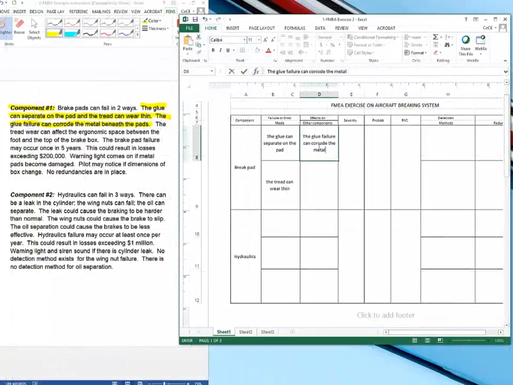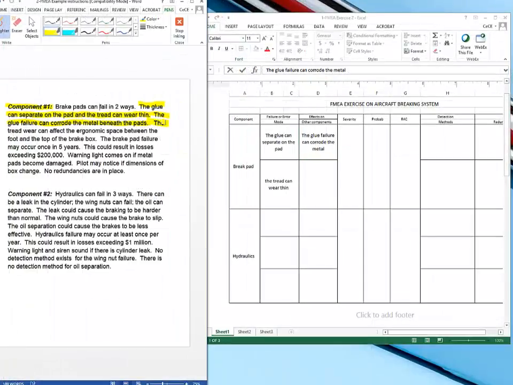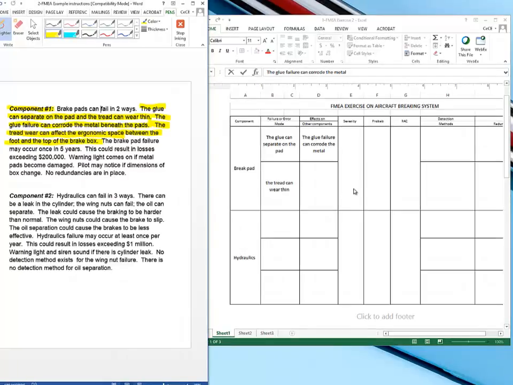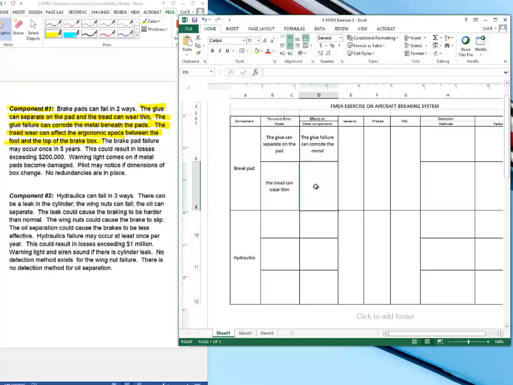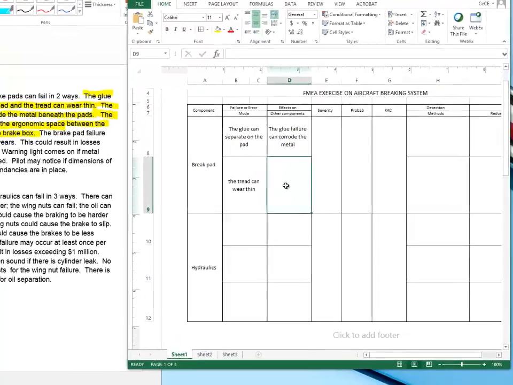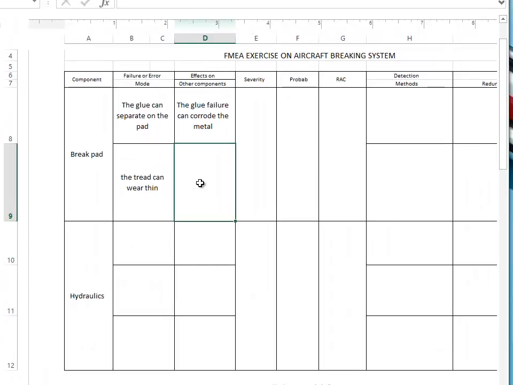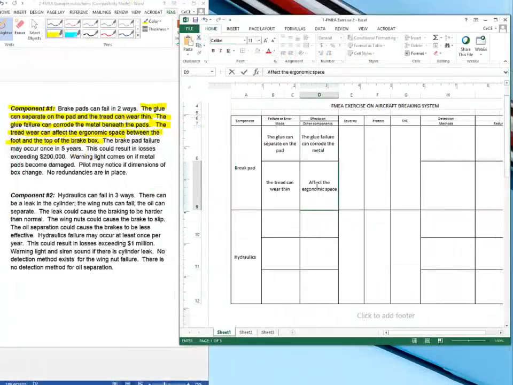And let's look at how the tread wear can affect the ergonomic space between the foot and the top of the brake box. So the tread wearing thin can affect the ergonomic space. All right, so what we've done is we have looked at the different ways the brake pad can fail. That's the first component we looked at. And then the effects on other components.